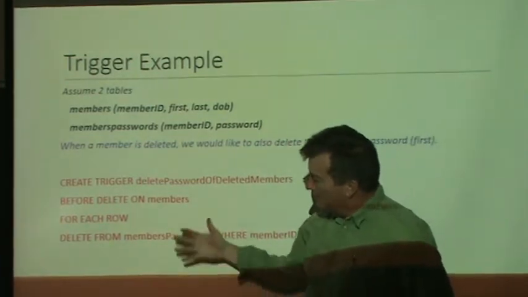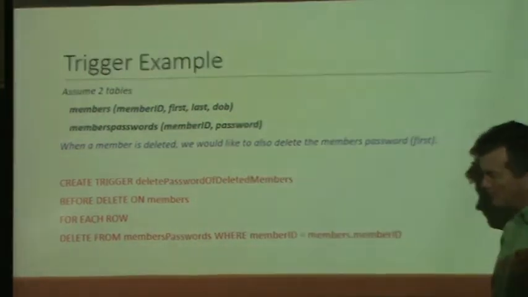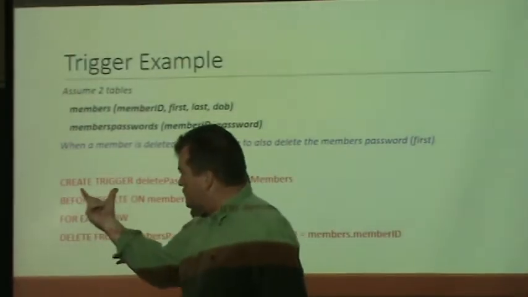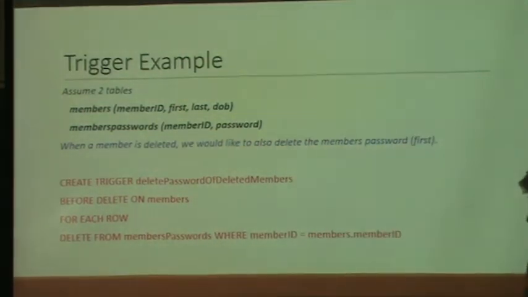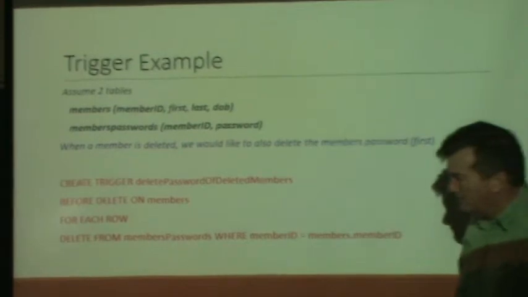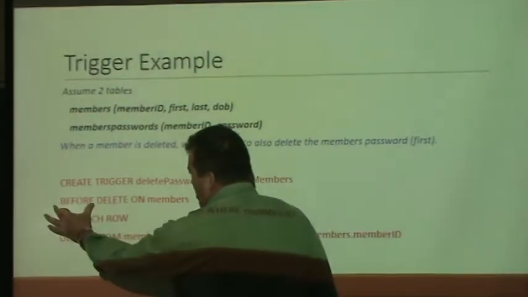So the data definition language, the DDL, for a trigger is, we would say create trigger. We'll give it a name. We'll call it delete password of deleted members. That's what this trigger is doing. And we'll say we're going to do it before.